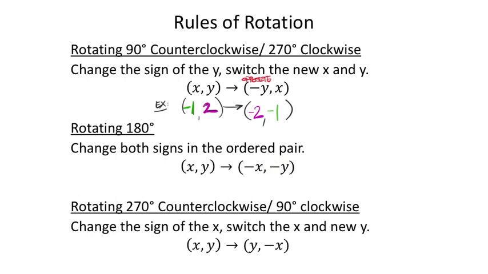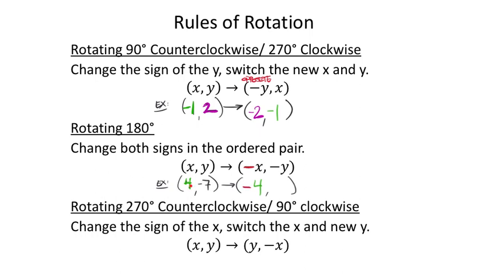So, for example, let's look at some new values here. So if I had the ordered pair, we'll say 4, -7. That's from my preimage. If it goes through a 180-degree rotation in either direction, what I'm going to do is I'm going to keep the x value 4 in the x location. But again, this minus sign, or the negative sign, means I got to take the opposite.